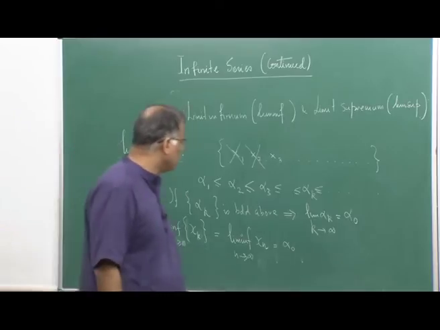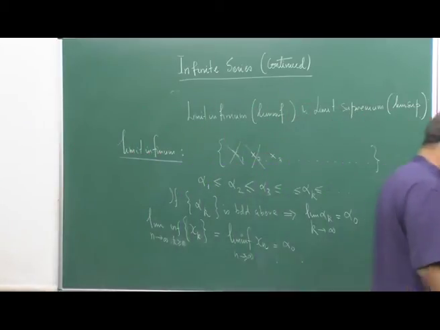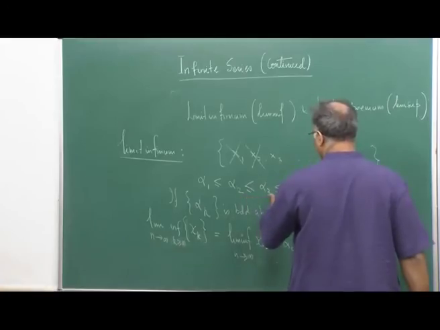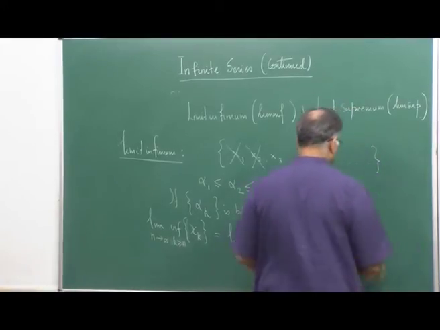Now suppose this is not bounded below, the infimum is minus infinity. Then it does not matter, alpha 1 would be minus infinity, alpha 2 would be minus infinity, alpha 3 would be minus infinity, alpha k would be minus infinity.